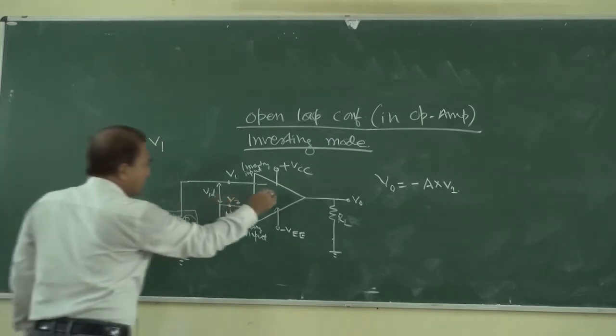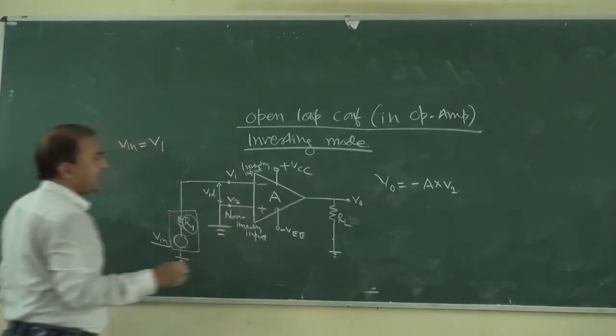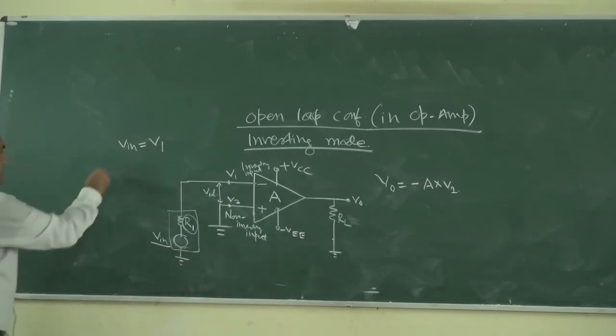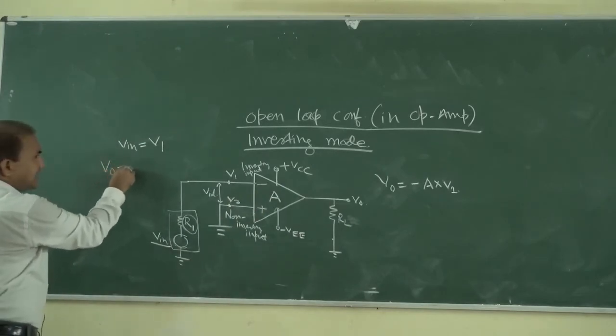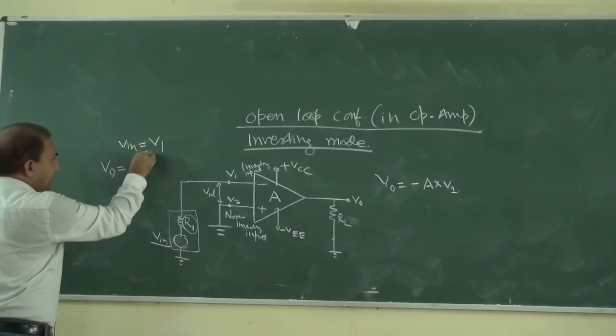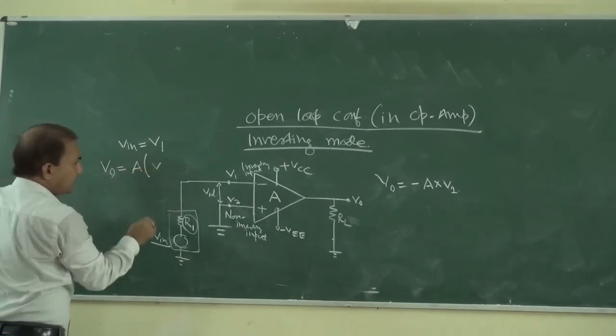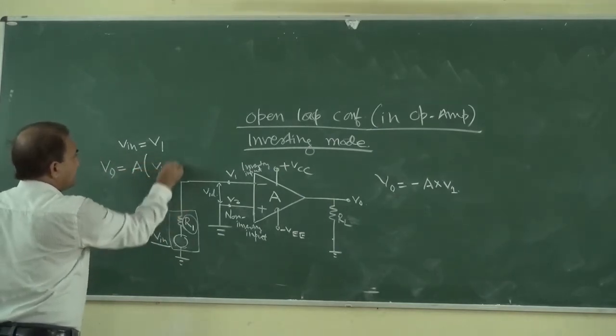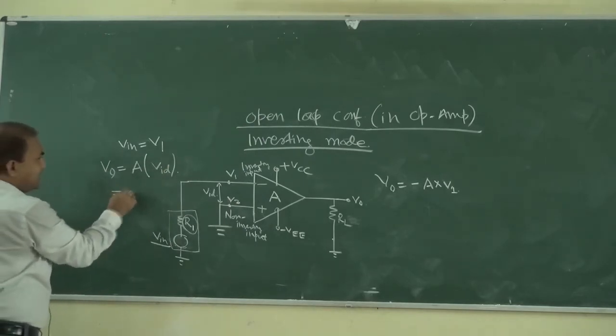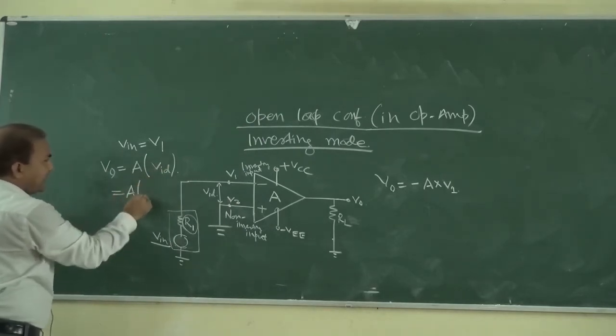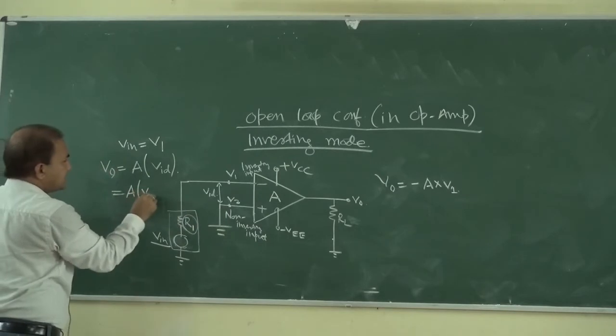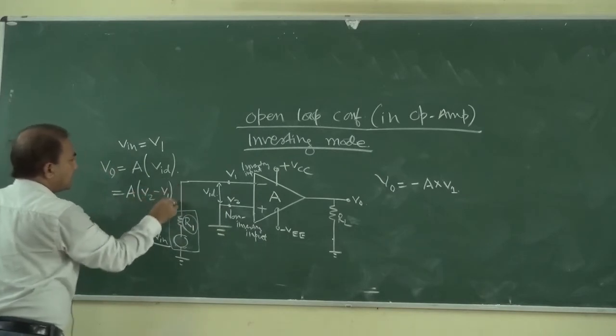Okay, so suppose A is the open loop gain of this operational amplifier. So V output is equal to A into VID. What is VID? VID is V2 minus V1.